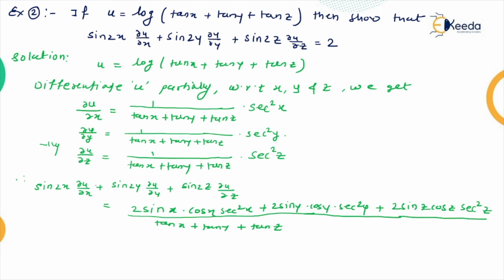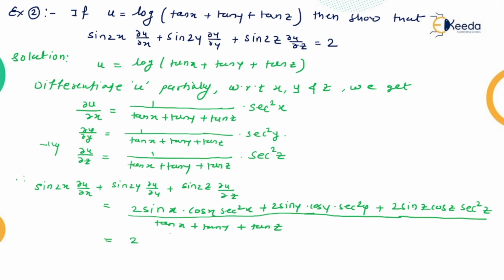So we write sin 2x into ∂u/∂x, that is sin 2x into sec square x. Sin 2x is 2 sin x cos x. Therefore this will equal 2 as common, and you observe 2 sin x cos x upon sec square x.